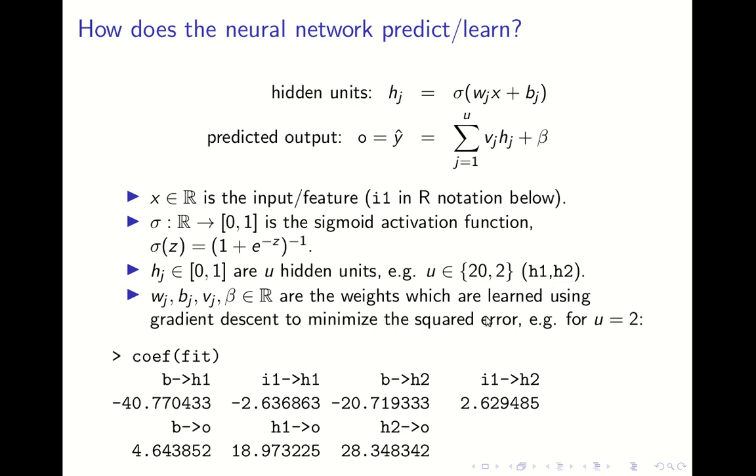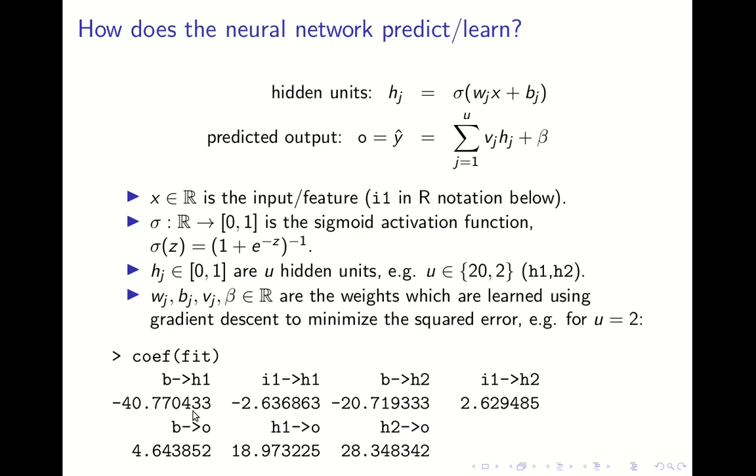So for example, for one of those problems, and for u equals 2 hidden units, we have the following coefficients, and this is what you get when you type coef fit in R. You get this vector of real valued weights, and each one of these corresponds to the values of w, b, v, and beta that we see in these equations up here.